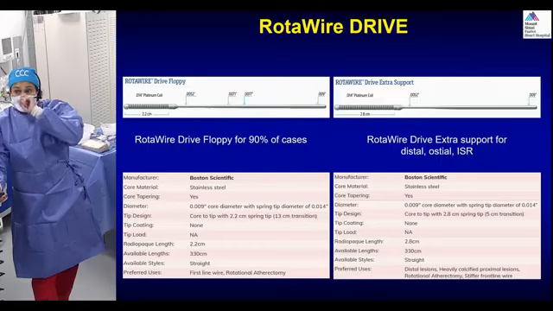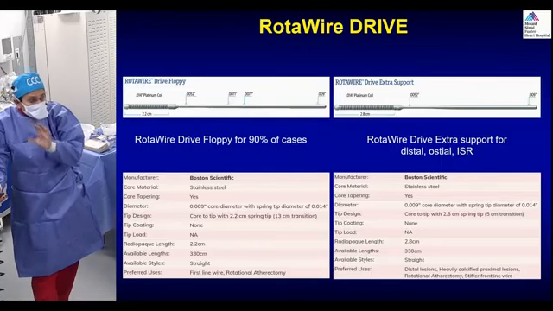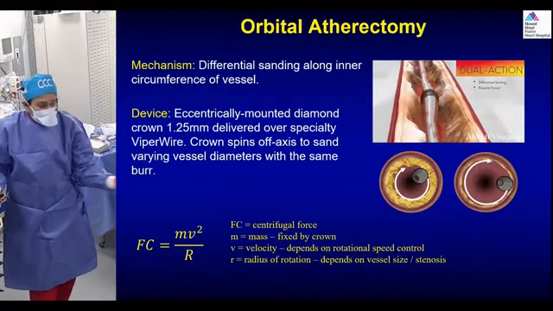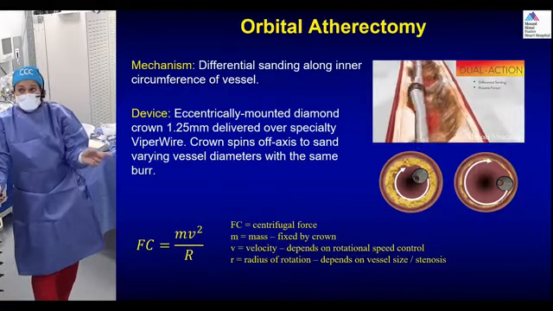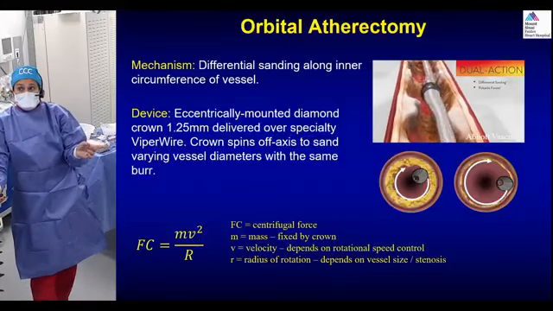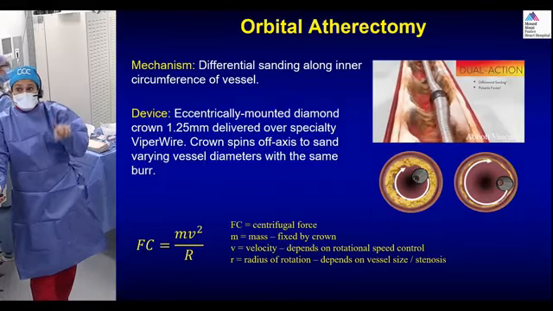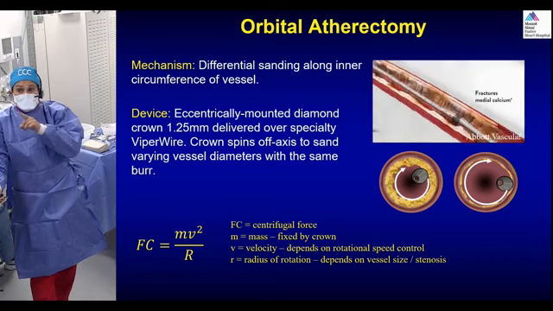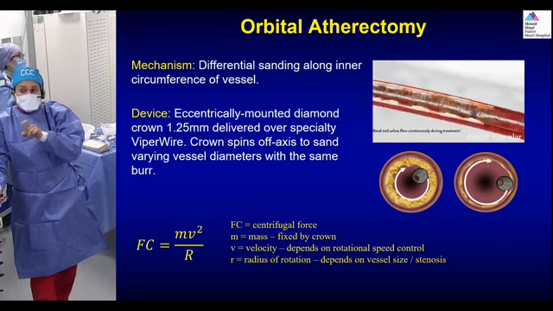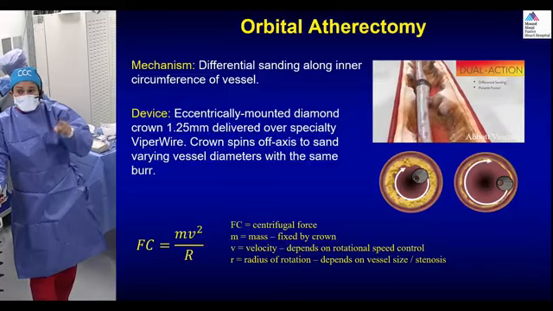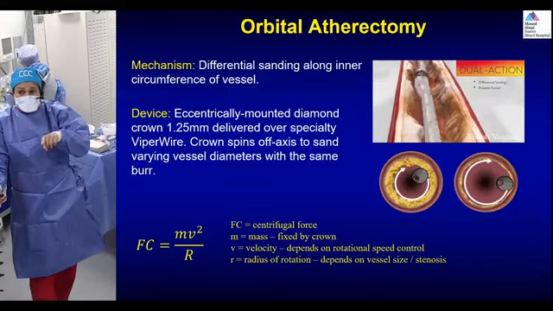So let's go to the rotor drive. You need a certain speed for it to function, for it to rotate, so lower speed may not be the answer. Then coming back to your question, why did they go to 80 and 120? See how orbital atherectomy works. It orbits, going round and round, and the physics principle there is Fc = mv²/r, where r is the radius of rotation.